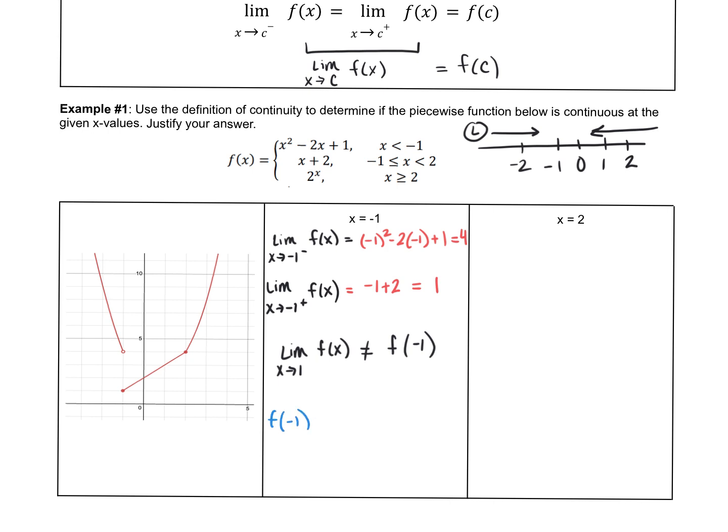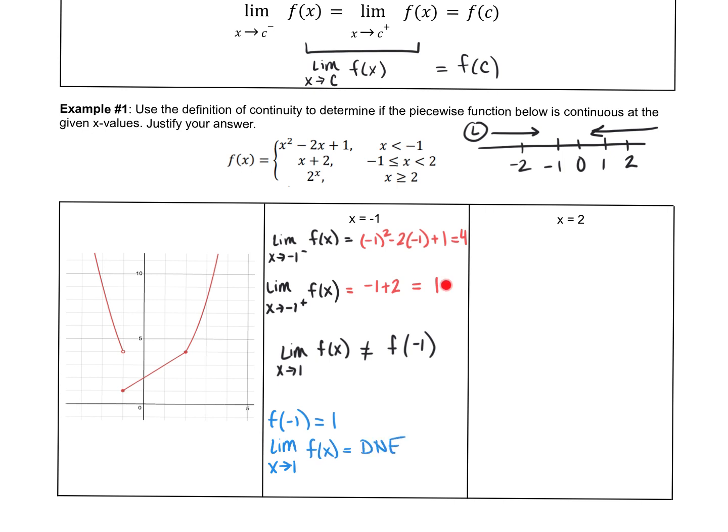We're just looking where there's an equal sign at -1, which is this function. The x plus 2 we already did, so that's 1. So f of -1 is 1. And what's the limit as a whole? The limit as x approaches -1 of f of x as a whole technically does not exist. Why?